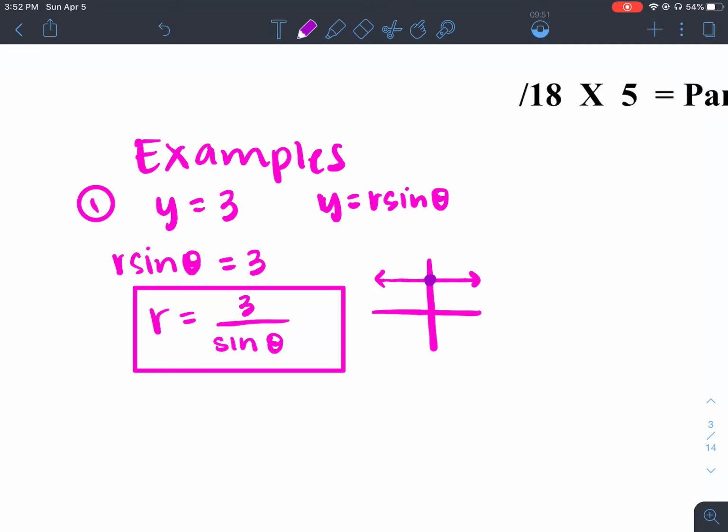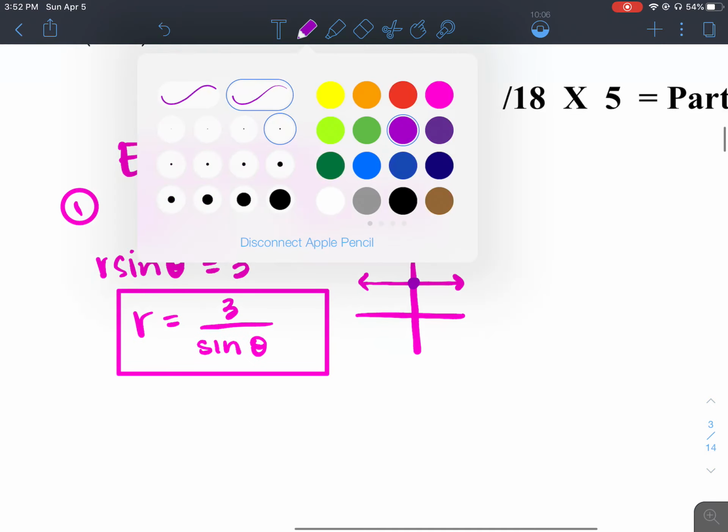So all we did was, it's the same graph. We haven't changed the graph. We just changed how we're representing it. Instead of Cartesian variables, our x, y values, we're using polar coordinates, our r and our theta values. Okay, so that's our first example.